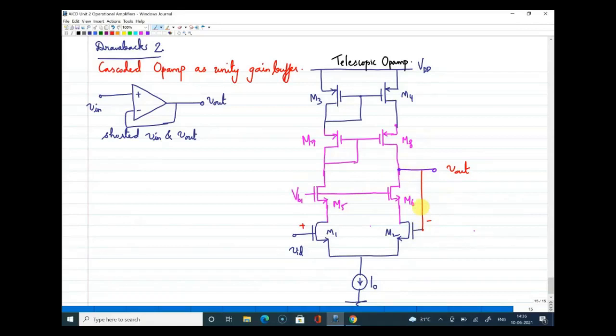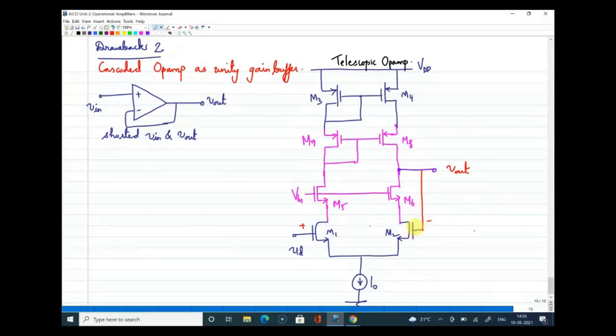Now we know for sure that for any circuit to work as an amplifier, especially a MOSFET based circuit, we need to ensure that the transistors remain in saturation. Then only will we get a high output resistance and it will act as a constant current source. That is the idea behind amplification. When I connect the output back to the negative input, I am connecting the output common mode level to the input of transistor M2.